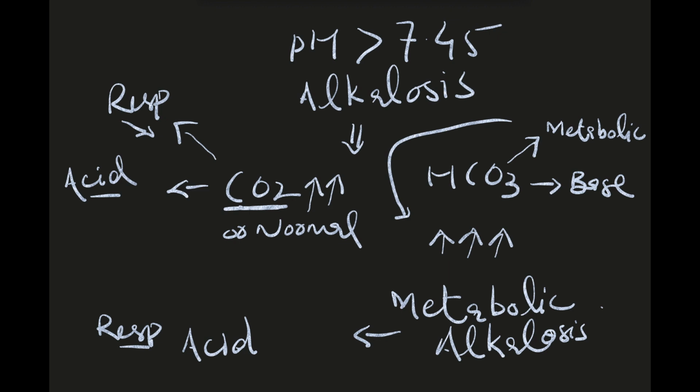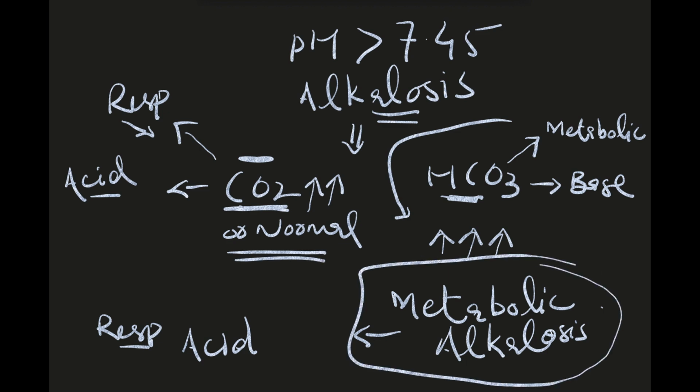So you look at the pH, it is more than 7.45, which is alkalosis. You look at the bicarbonate levels and CO2 levels and determine the primary component that is the reason for this alkalosis. You know that bicarbonate is a base. If it is higher in the blood, then it is metabolic. As a result, carbon dioxide is going to accumulate in the blood to keep the blood normal. So it becomes metabolic alkalosis.